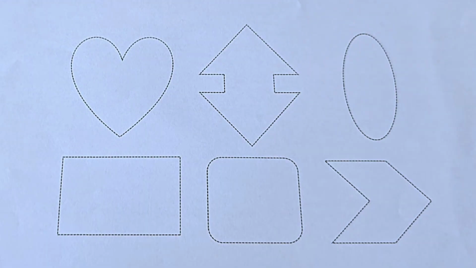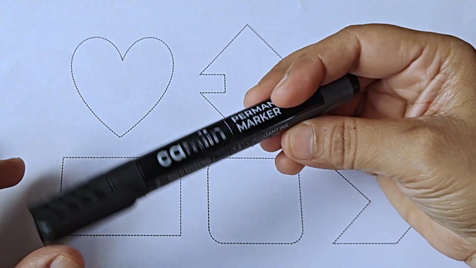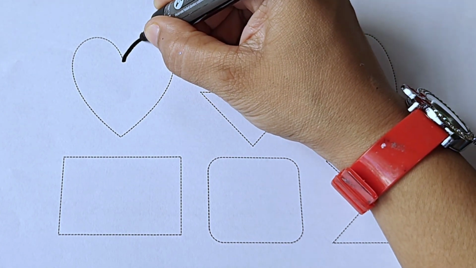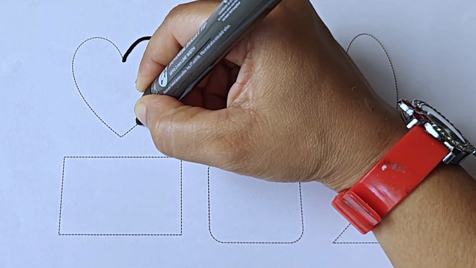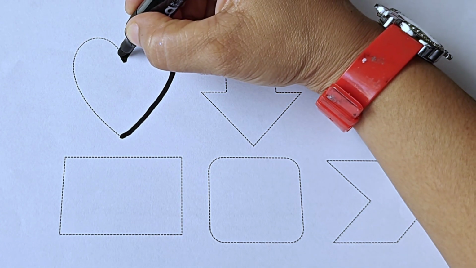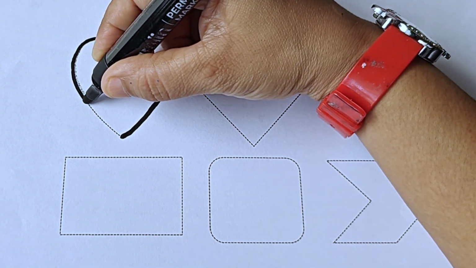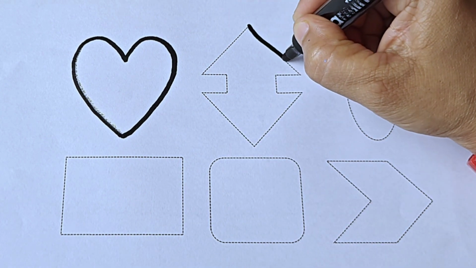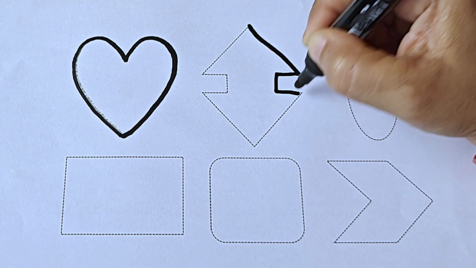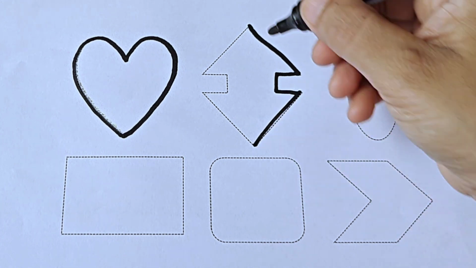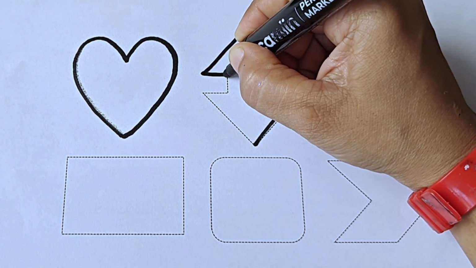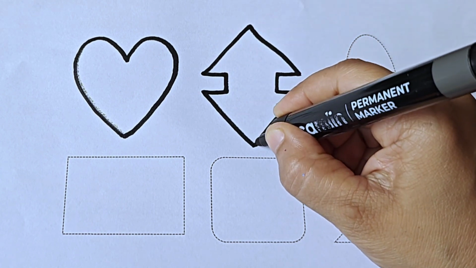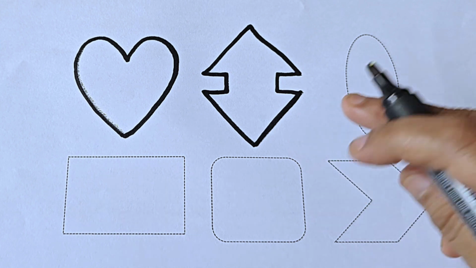So let's start. It is black color. It is heart. It is up down arrow.